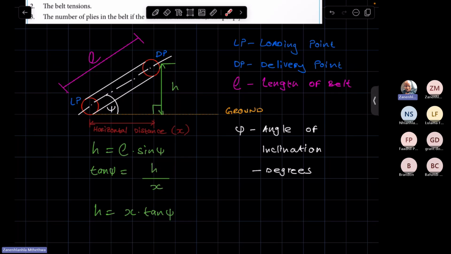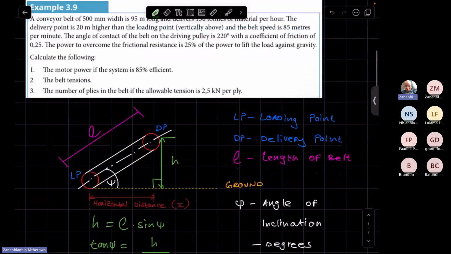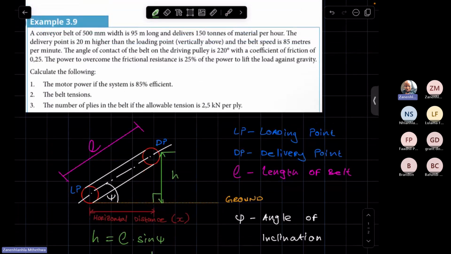Once you get H, either using this or that, that H is essential in calculating the power to overcome gravity. Now let's look at what we've been given here. We have a conveyor belt of 500 millimeters width that is 95 meters long.